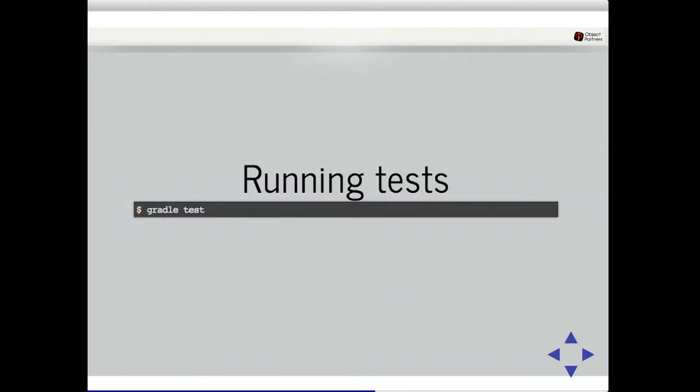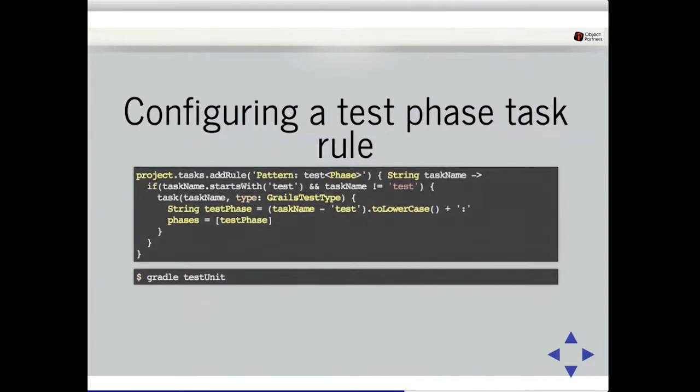That is overridable though. If you want to put your tests in a different directory, you can change that on the Grails test task type, which has some additional options for doing things like that. Where that might be useful is if you wanted to set up multiple tasks for running different phases of tests.